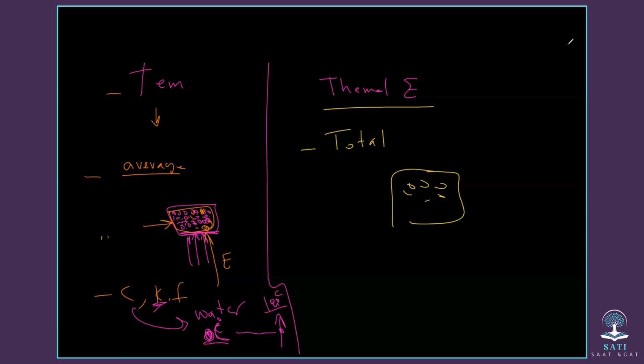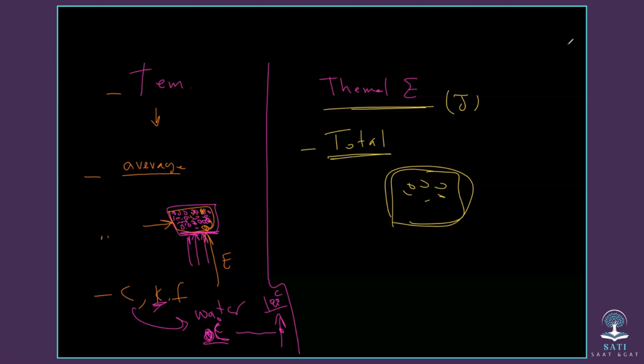The total amount of kinetic energy of all these particles is called thermal energy. Its unit is joules because it is energy. It can be present as heat, and when it is transferred, it's called heat. But thermal energy is the total amount.